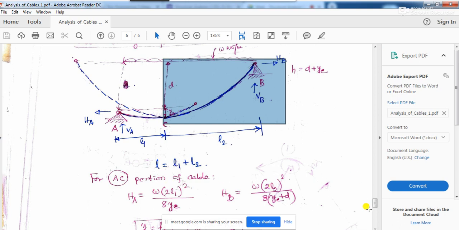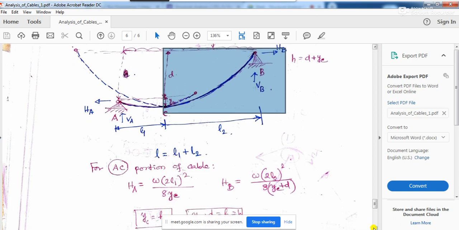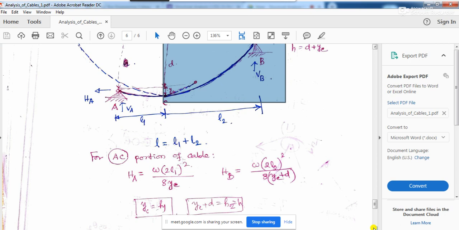It is the same formula, just with some modification, because you will be getting these values if you solve those three equations I have told you. That is, if you take moment about C for one portion of the cable, moment about C for the other portion of the cable, and moment about either B or A, you get three equations.